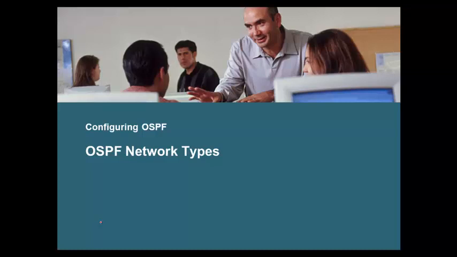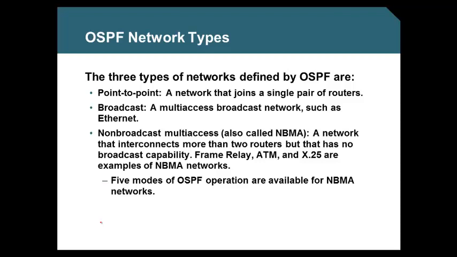The three types of networks defined by OSPF are point-to-point within an organization, connected via a serial link, and broadcast, connected via Ethernet. Other than this, we have another 5 types under NBMA.